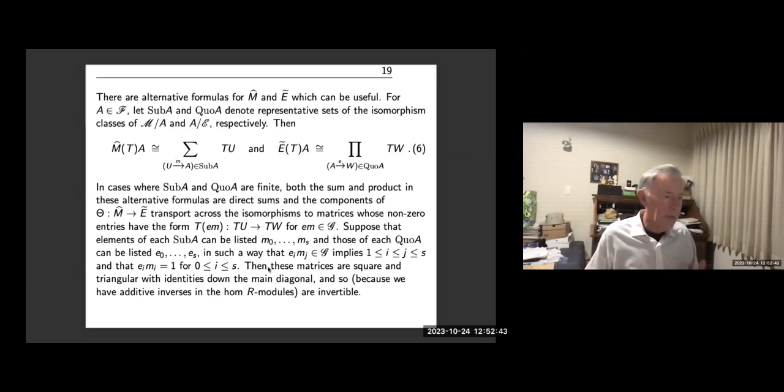And then square matrices have identities down the main diagonal, and they're triangular. And so you get an invertible matrix because we're dealing with additive inverses. So you've got minus signs. For example, the matrix 1, 1, 0, 1 has inverse 1, minus 1, 0, 1. So you need the minuses.